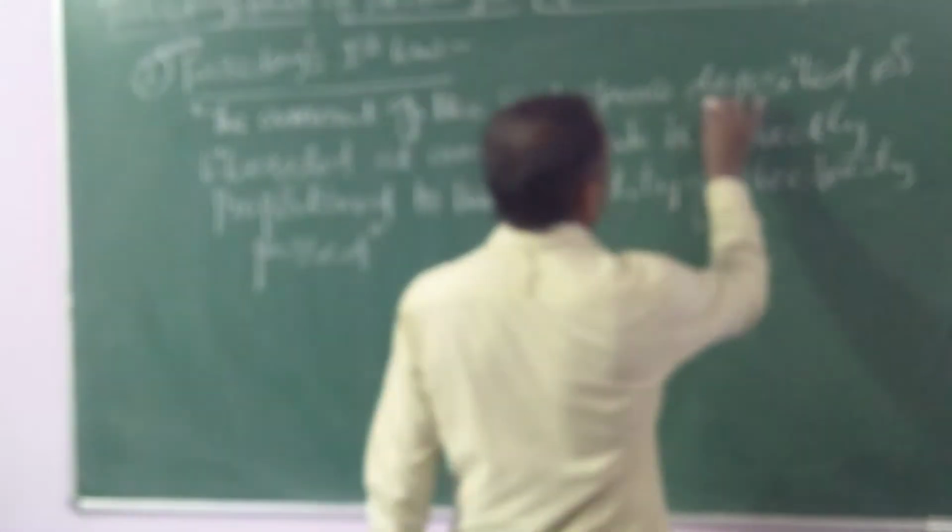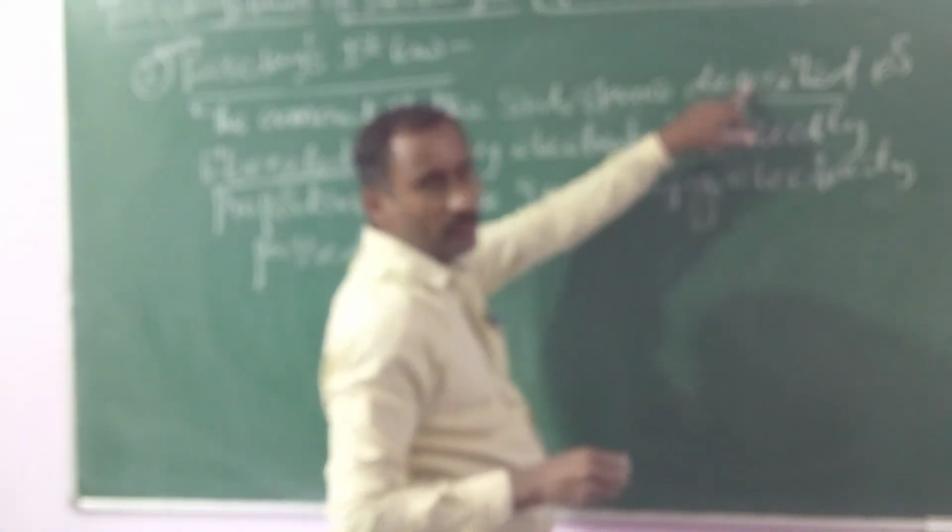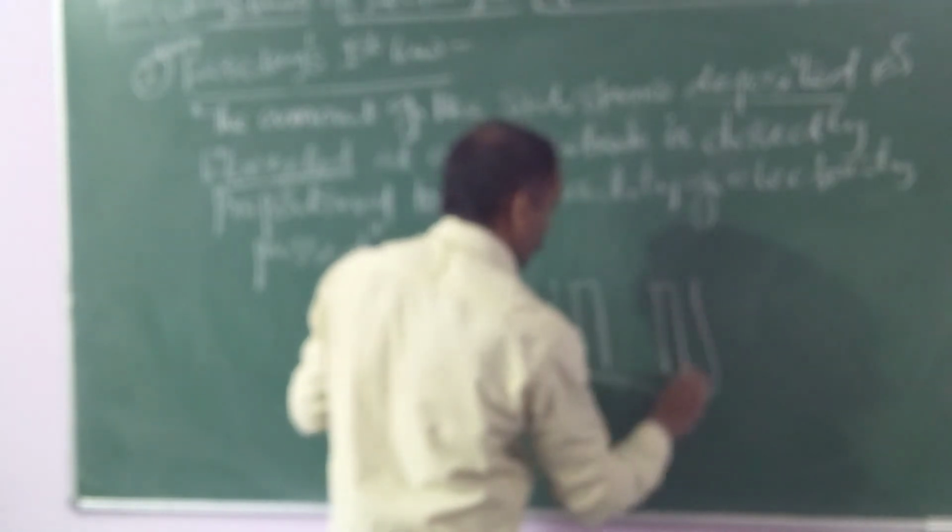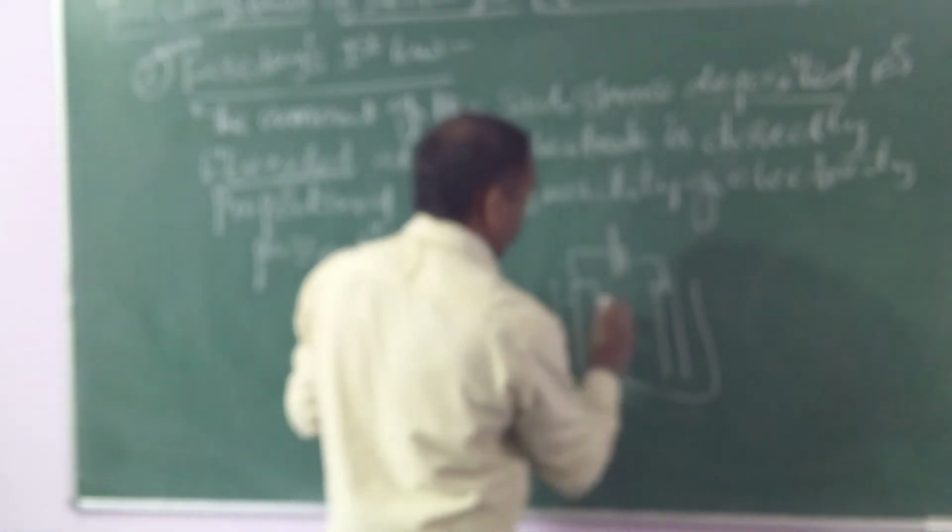So what is Faraday's first law? The amount of the substance deposited or liberated. Generally, whenever a solid substance is there, we have to use the word deposited. For example, here is an anode and a cathode connected to the battery.